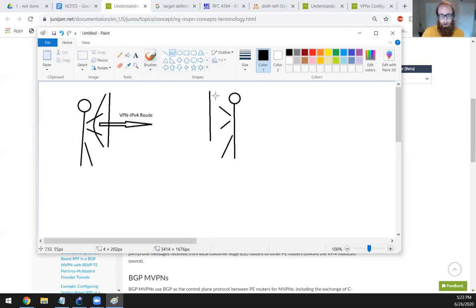So let's give them a bow. Okay, but in addition to that, let's give each of these a helmet or a special hat.